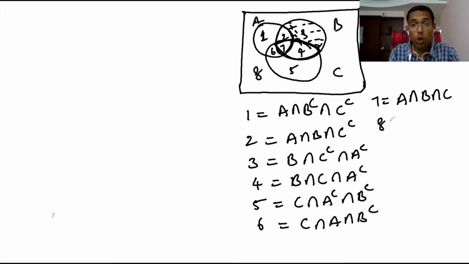8 means what? From the universal set, if you subtract A union B union C, that means all the regions 1, 2, 3, 4, 5, 6, 7, then what you get is this.